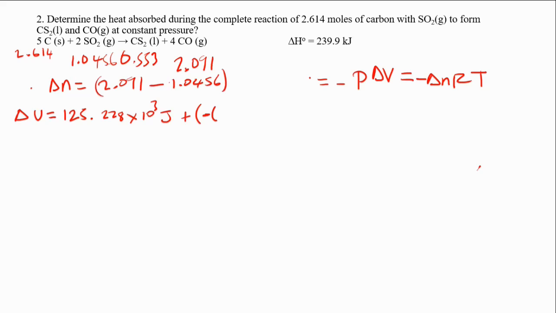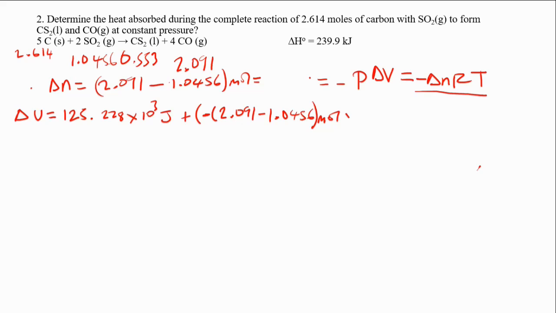And all of this is moles. So let's just put it down here: 2.091 minus 1.0456 moles. And this minus sign is the natural minus sign which exists in the formula.